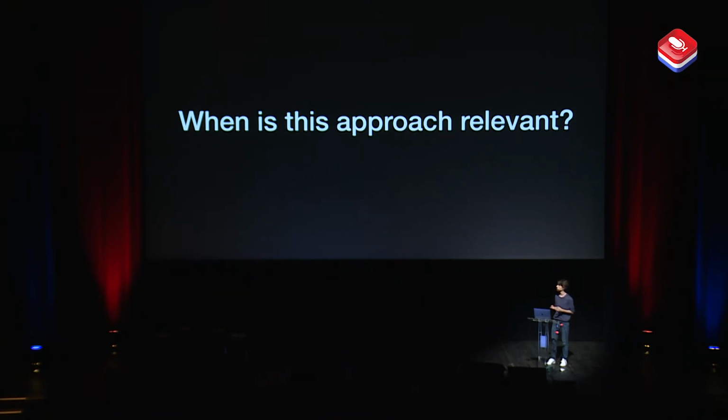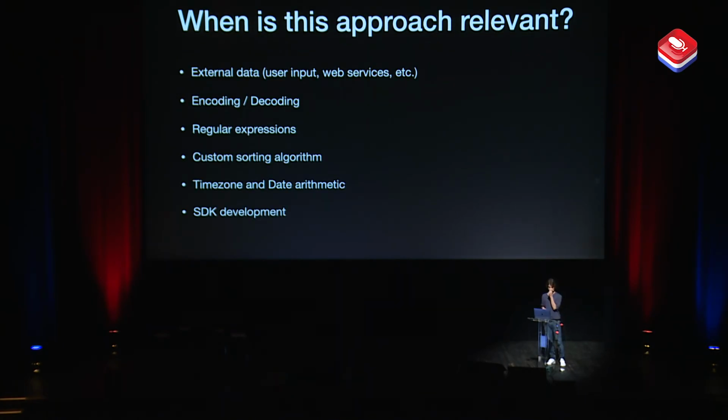And basically, you could be thinking, okay, when is this approach relevant in my app in a more general sense? So I've tried to list some use cases. Whenever you are getting external data, whether it is a user input or a web service, you cannot predict what is going to happen. So property-based testing is kind of cool because it's going to help you anticipate the amount of data that you can get.